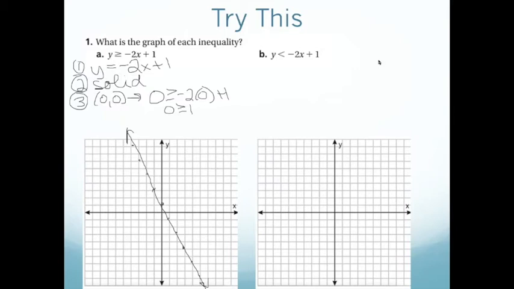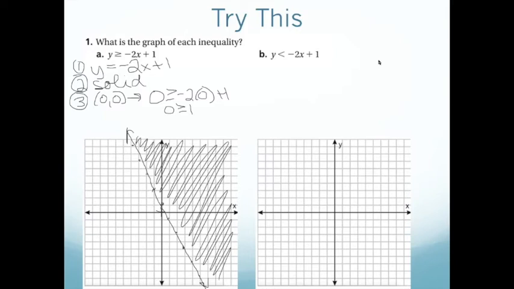No, 0 is less than 1. So it is not 0, 0. We are going to shade the opposite side. Since 0, 0 is on the below side, the side that's lower and to the left, we're going to shade the opposite side, the side that is higher and to the right.